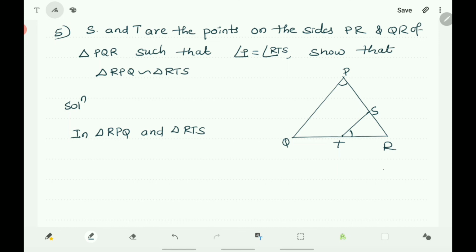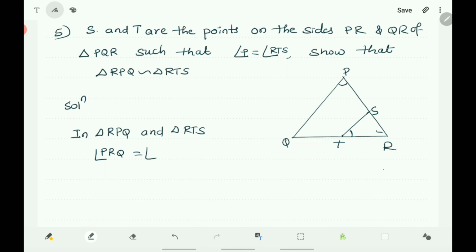here you know that this angle R is the angle of triangle RPQ and also the angle of triangle RTS. So you can write angle R means angle PRQ is equal to angle TRS.